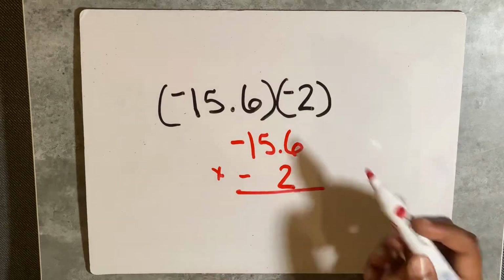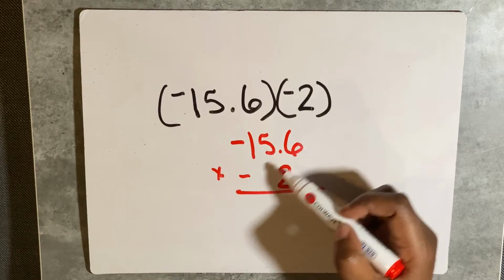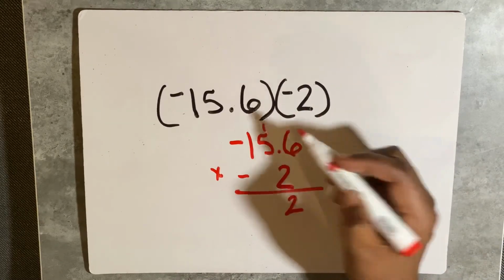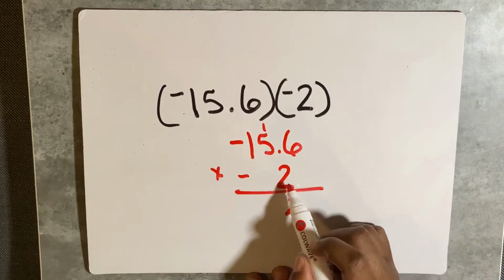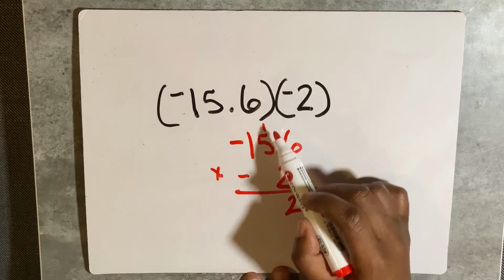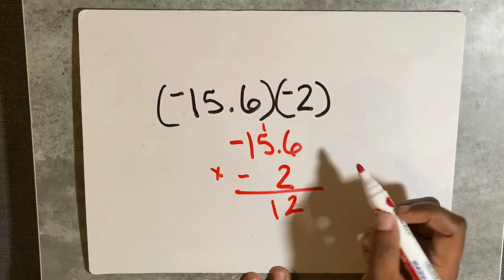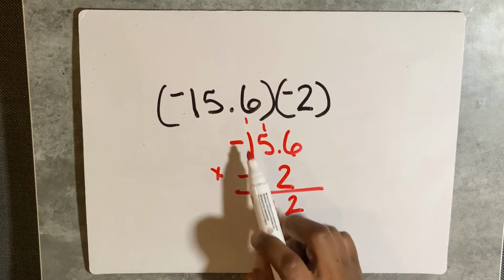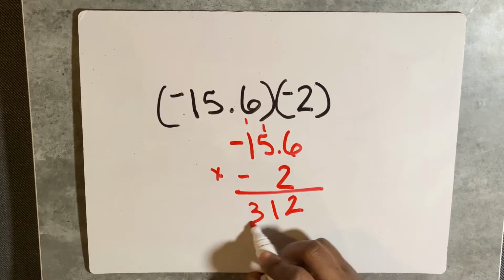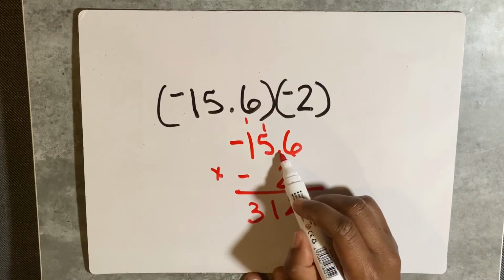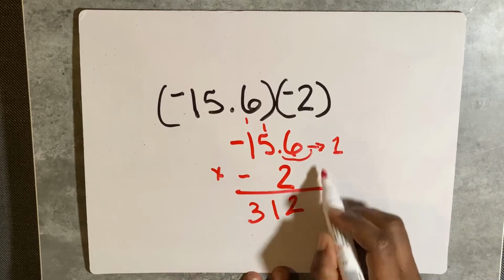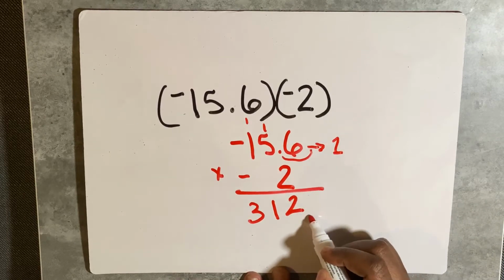Okay? So then I'm going to do 6 times 2, which is 12. I bring down my 2, carry my 1. 2 times 5 is 10, plus 1 is 11. And 2 times 1 is 2, plus 1 is 3. How many decimal places do I have? I have 1. So I'm going to bring that 1 right here.